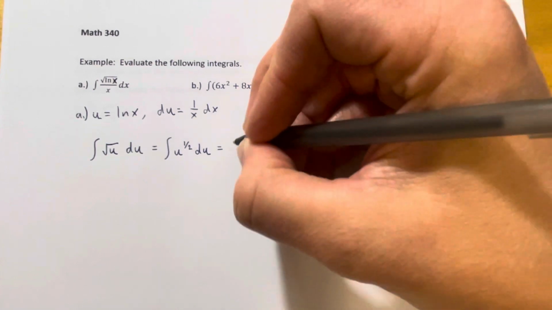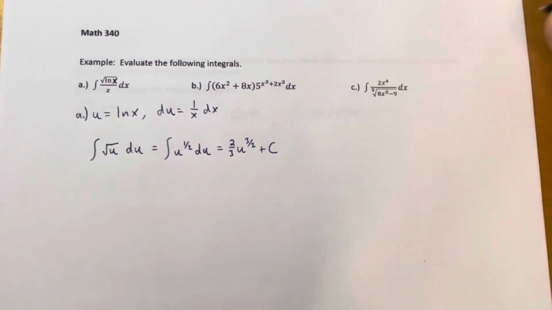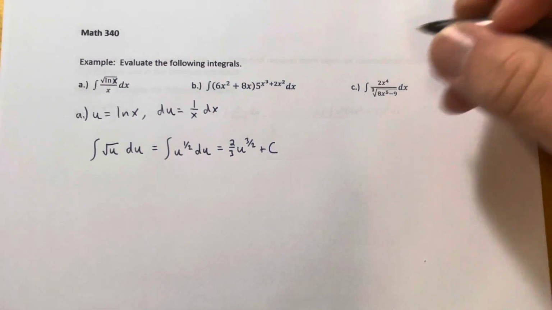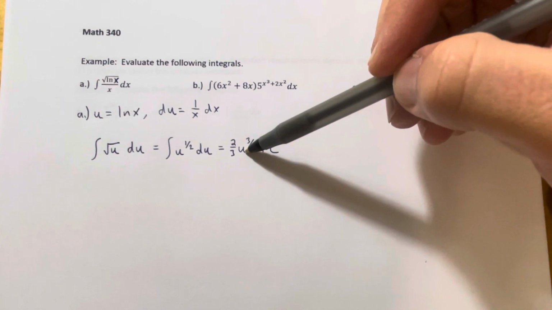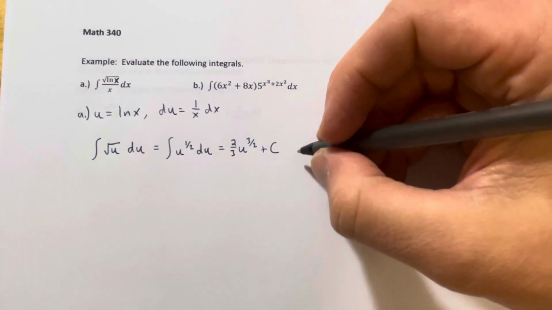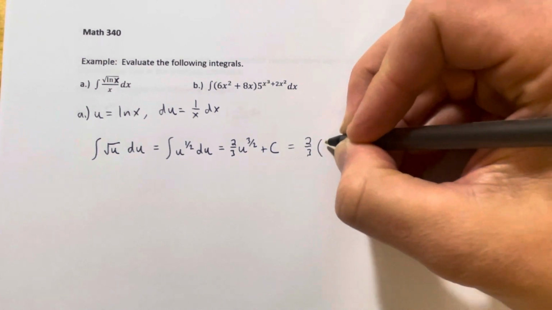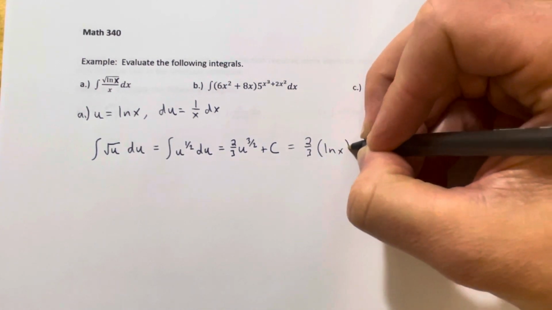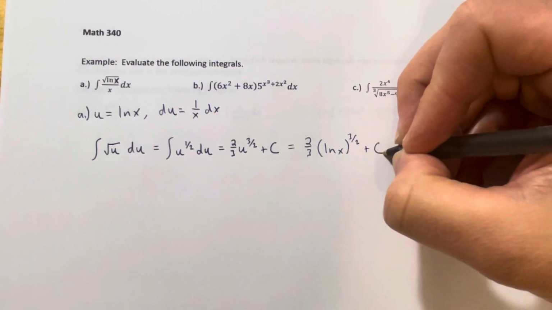Multiply by the reciprocal of that new number, which would be 2/3. And then don't forget your plus c. Finally, now that the integral is done, replace the u with the thing we set it equal to. So this is 2/3 times the natural log of x to the 3/2 power plus c.